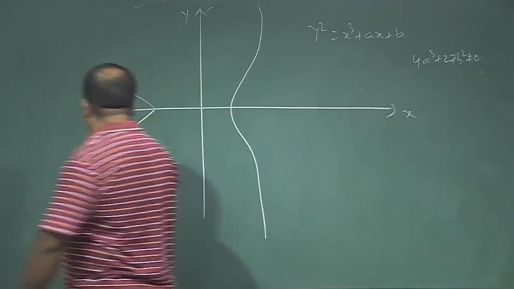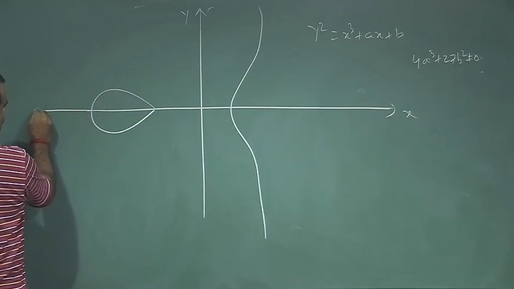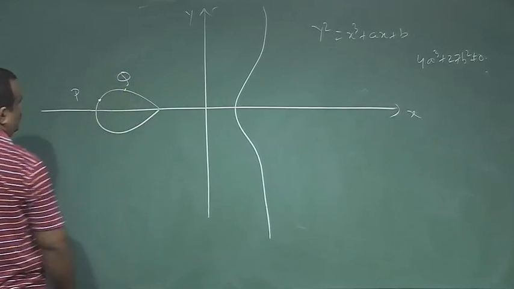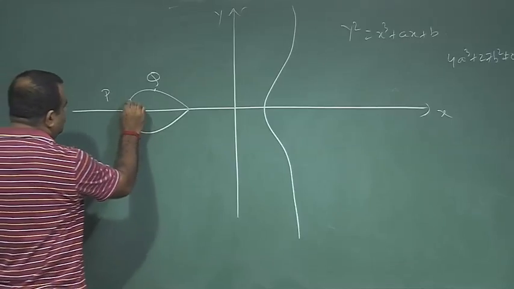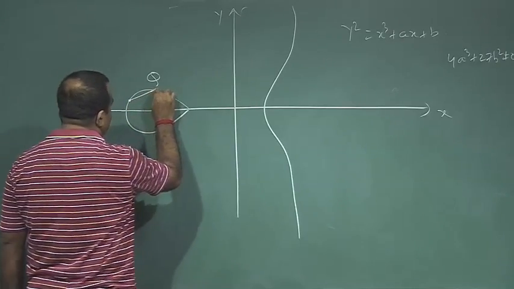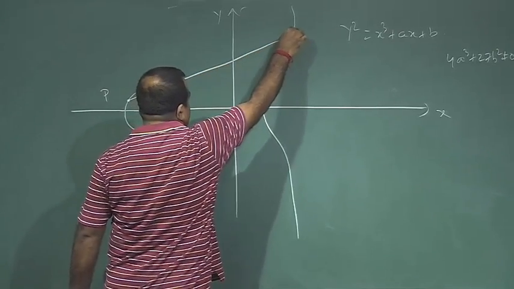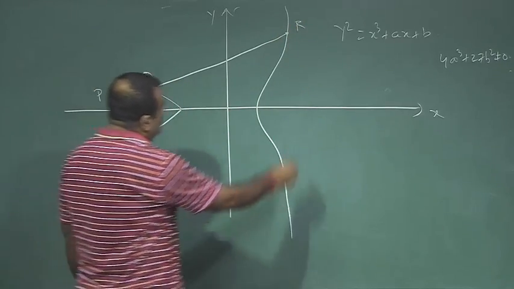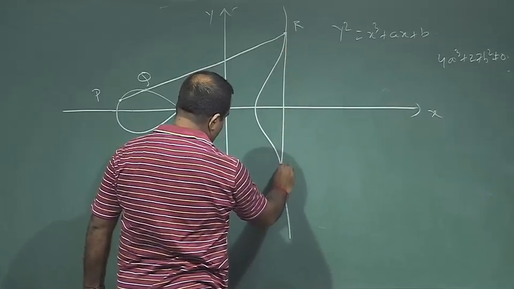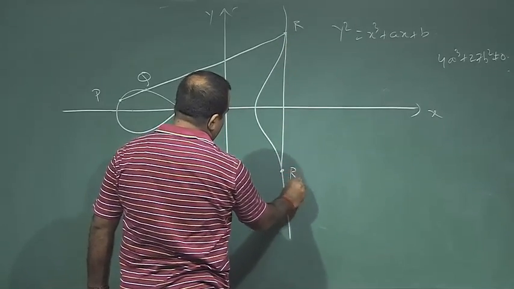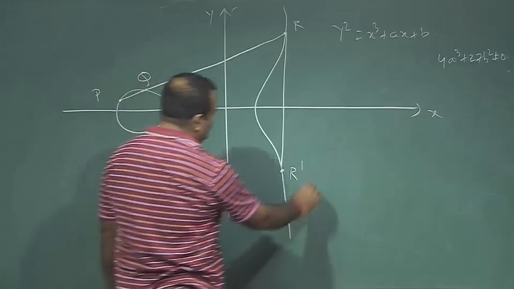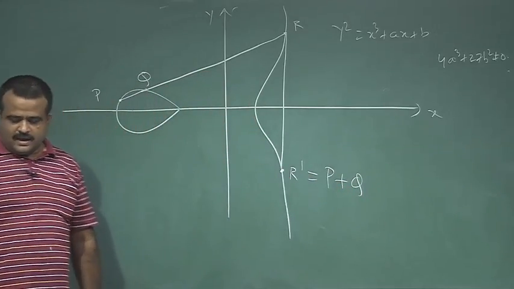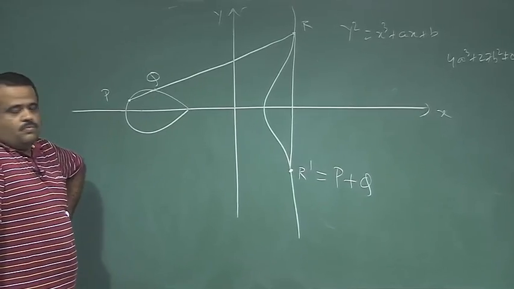Let us take two points P, Q on the curve. Let us draw the line joining P and Q, and suppose it touches another point R on the curve. We take the mirror image of R with respect to the x axis, and this is R prime, and this we define as P plus Q.